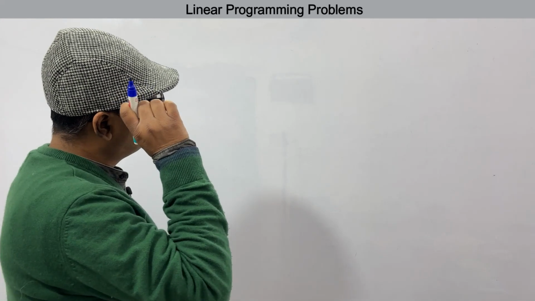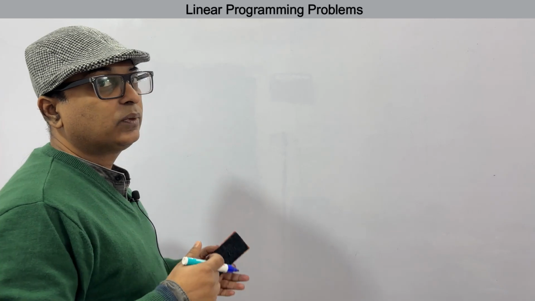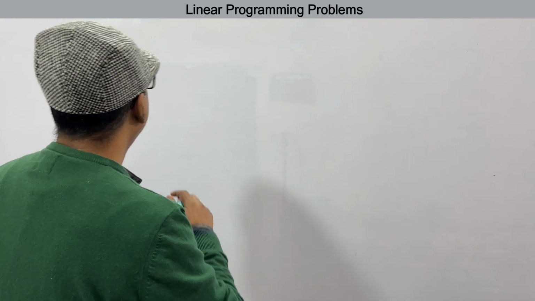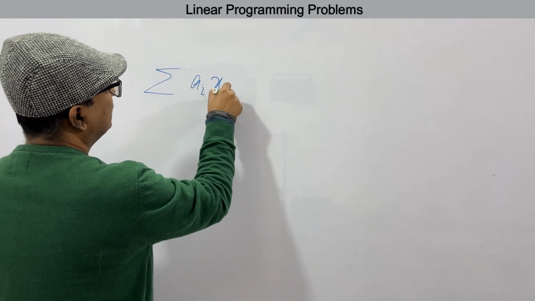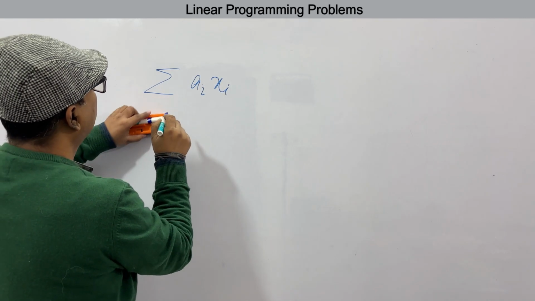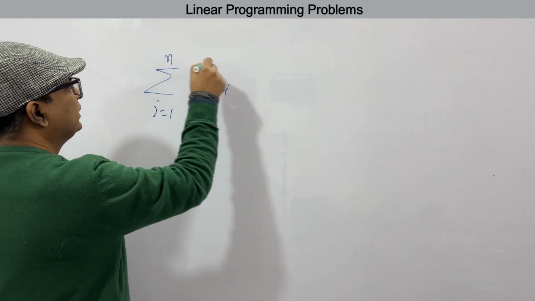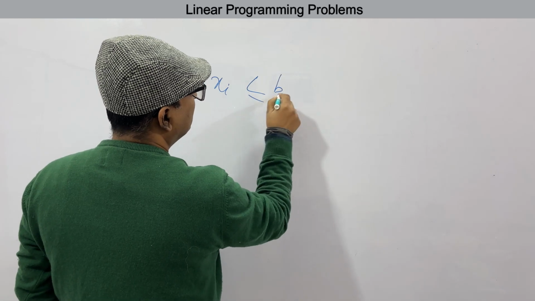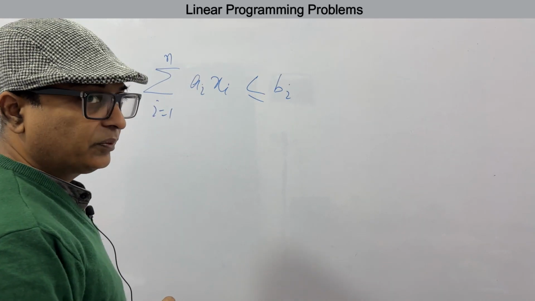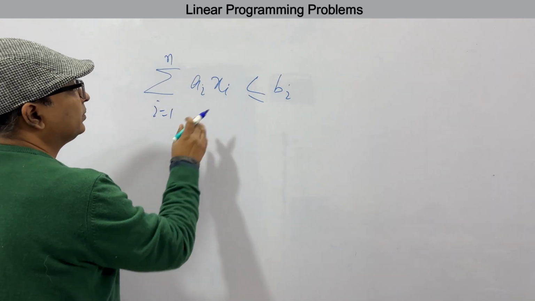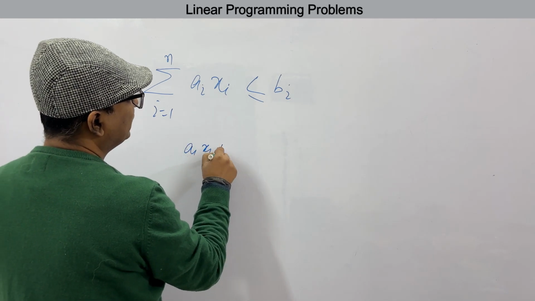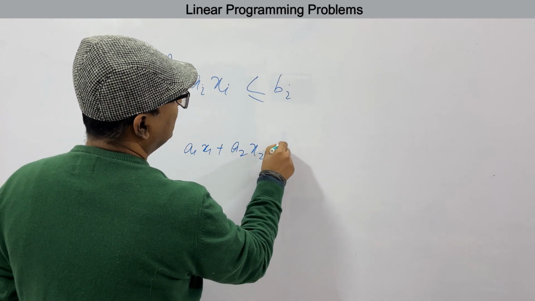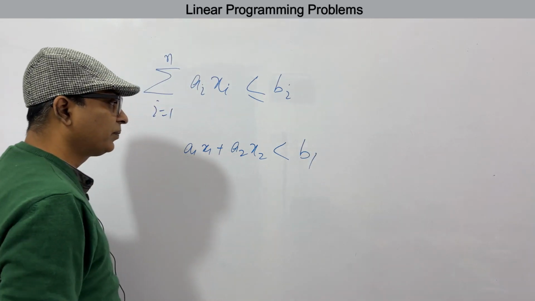Okay, now we'll learn a technique of transforming inequality into an equation. How? See, let's say our inequality is this: sum for i equal to 1 to n, ai xi less than bi. What we can do is we can add one variable. Let's simplify it: a1 x1 plus a2 x2 less than equal to b1.